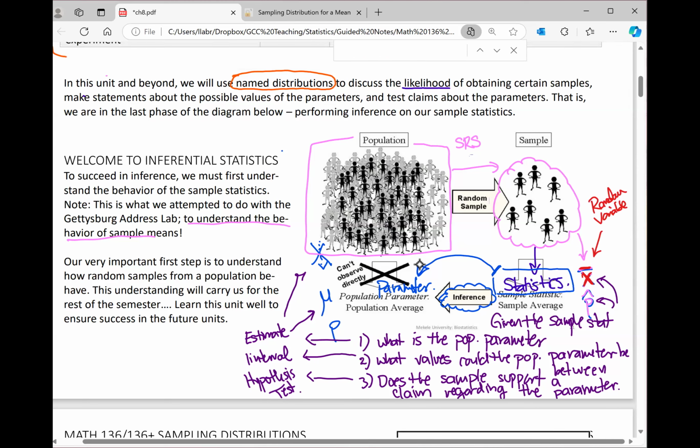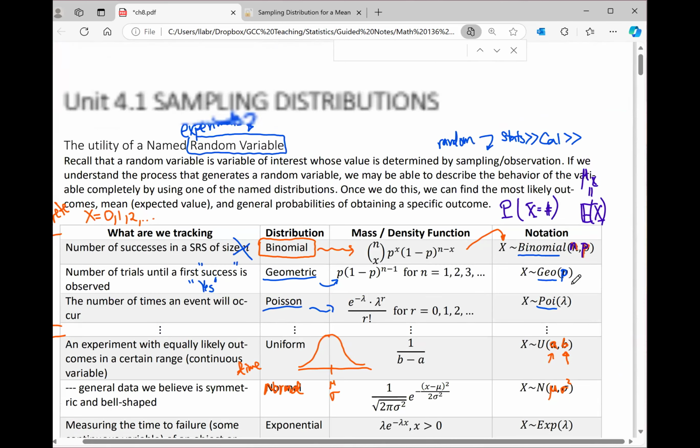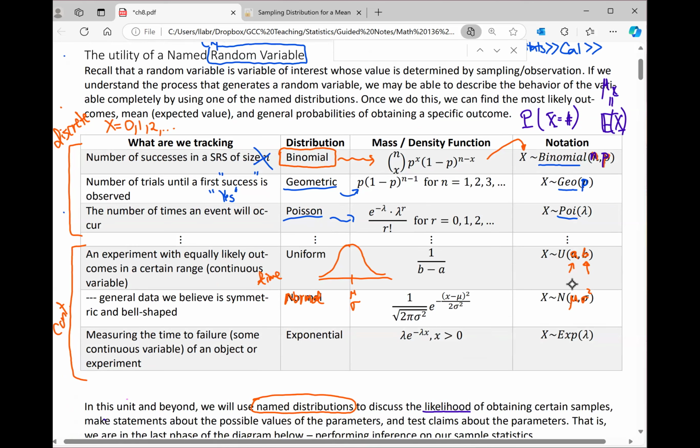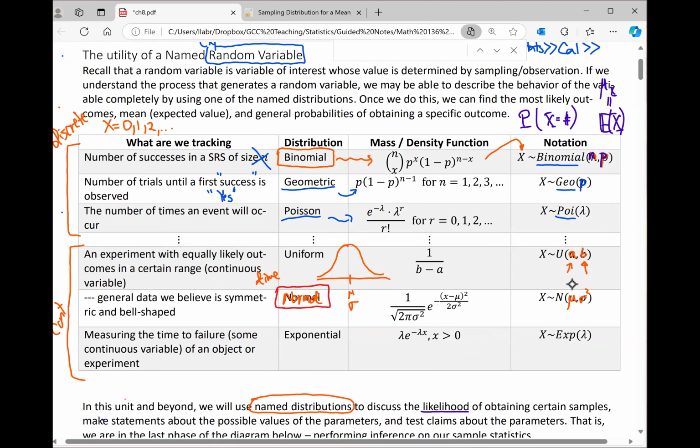It's the variable of interest, and I need to actually take a sample to determine what that value is. If you do this over and over again, we hope that there is going to be some kind of behavior for this random variable that will allow us to describe how it is going to behave. And the reason I started with this review of random variables is that, as we will see, the sample mean and sample proportion are very closely related to the normal distribution.